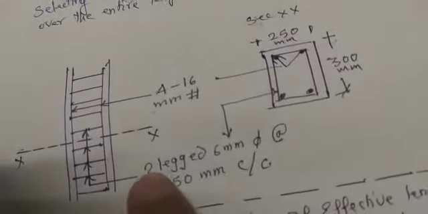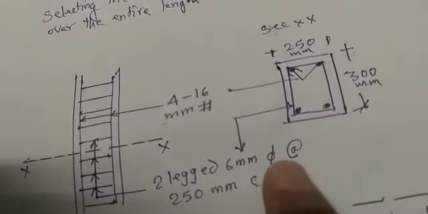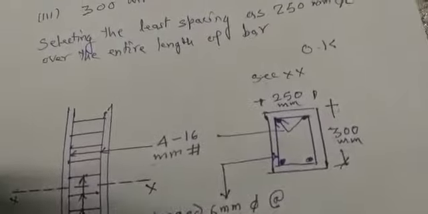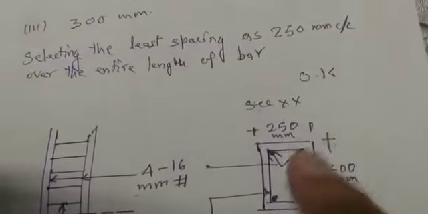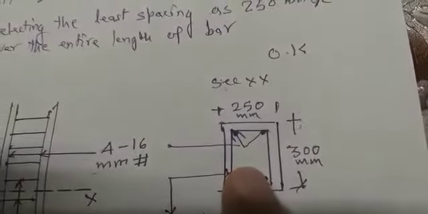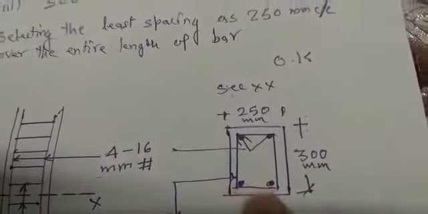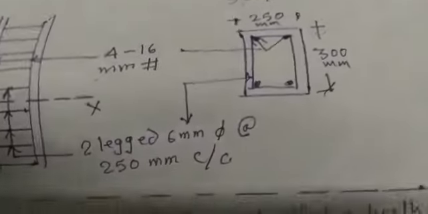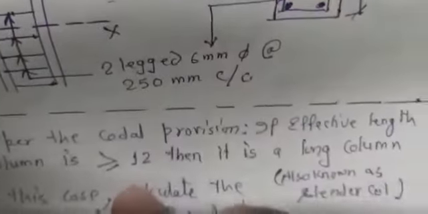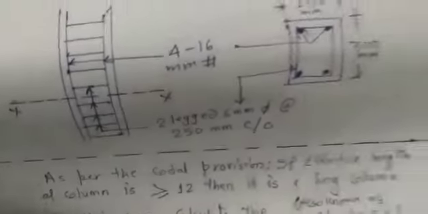These ties which are shown over here are 2-legged 6 mm at the rate of 250 mm center to center. The same thing has been shown here in the cross section. These dots show the 4 bars, and this is the tie, which is 2-legged 6 mm at the rate of 250 mm center to center.